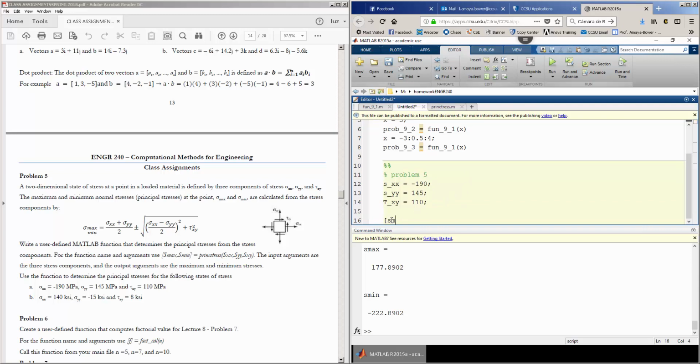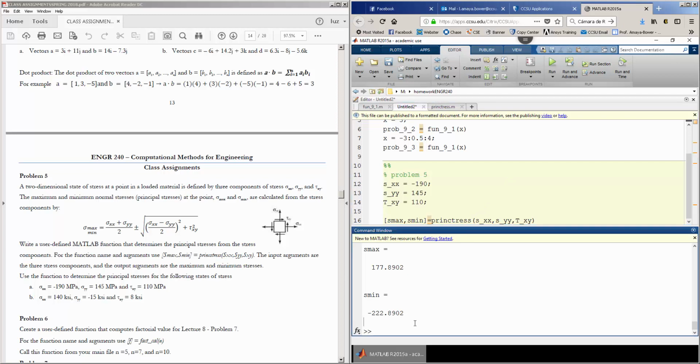So s maximum, s minimum, and then the name of the function as you wrote it, principal stress, and then the inputs. Oops, I need to close the parentheses. You run it. Now notice that the two values are provided.